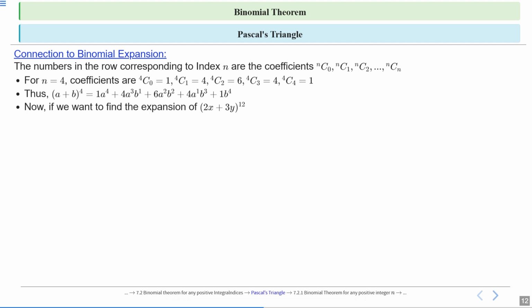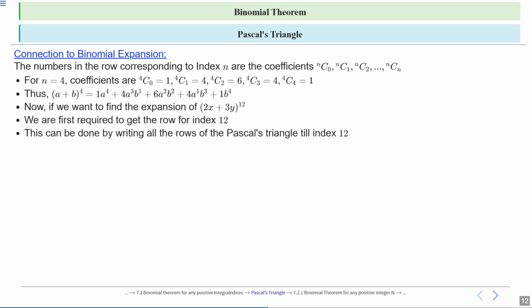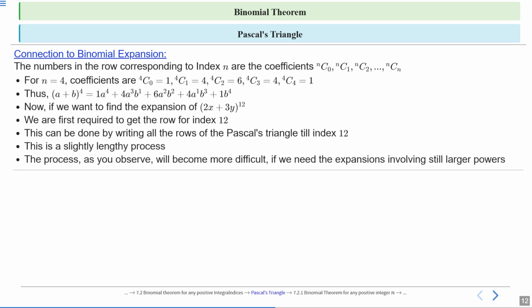Now, if we want to find the expansion of (2x plus 3y) to the power 12, we first need to get the row of index 12. This can be done by writing all the rows of Pascal's triangle till index 12. This is a slightly lengthy process.